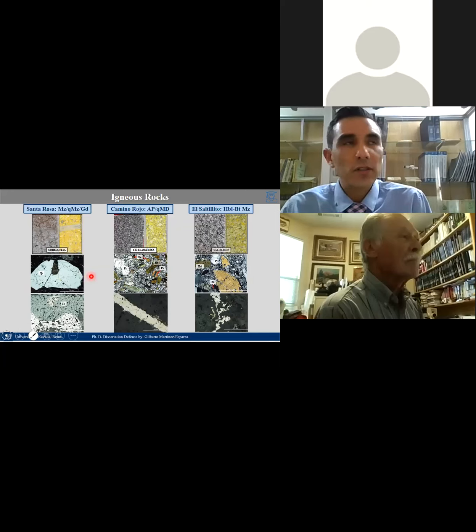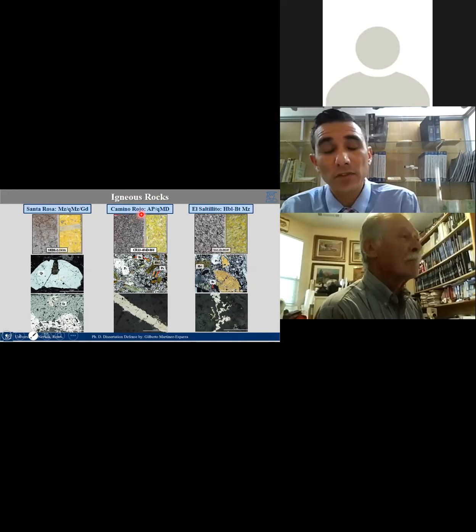At Camino Rojo, even the exploration drilling program didn't hit the main intrusive body. All the igneous rocks or intervals in the core drilling are formed as a dike, but we defined by petrology andesitic porphyry and a quartz monzonite composition.